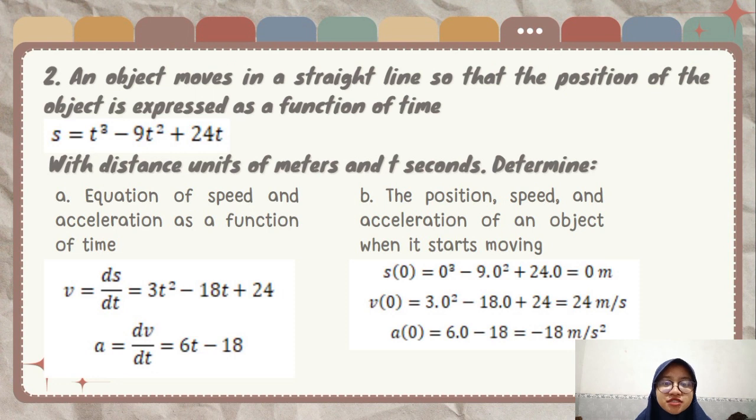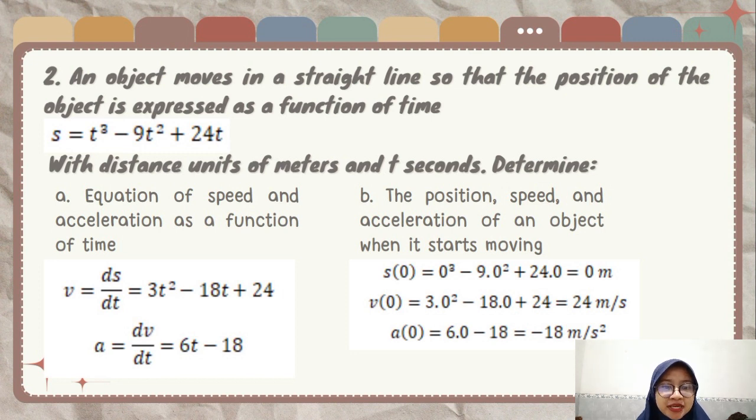2. An object moves in a straight line so that the position of the object is expressed as a function of time, s = t^3 - 9t^2 + 24t, with s in meters and t in seconds. Determine a.